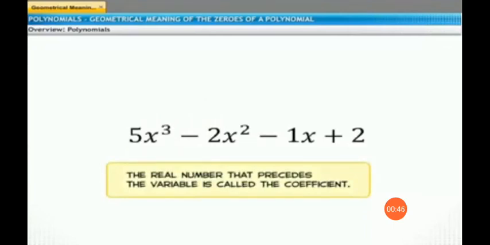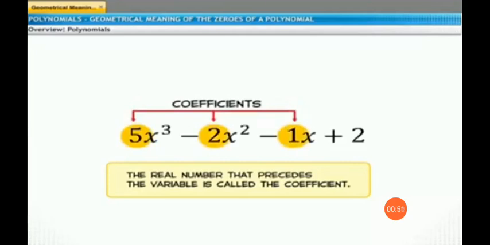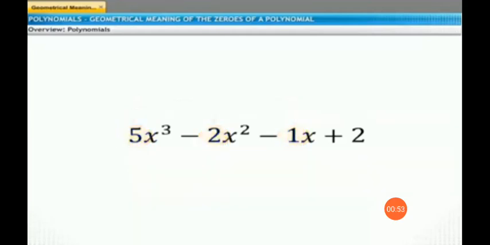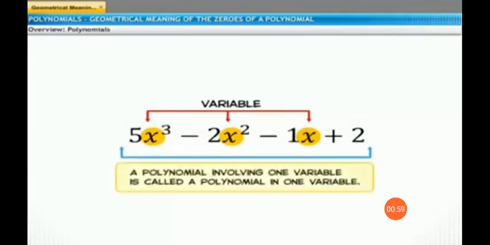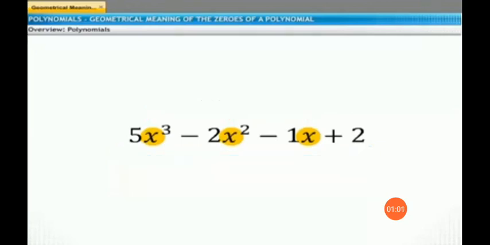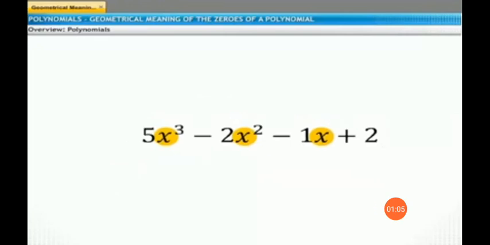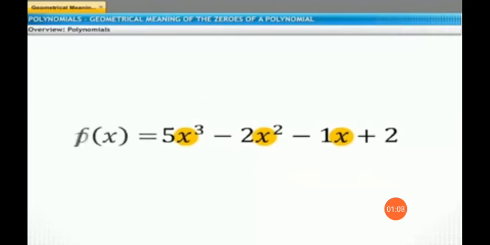Here 5, 2 and 1 are the coefficients of the terms of the polynomial. It consists of only one variable, so it is known as a polynomial of one variable. Such a polynomial is denoted by f(x), p(x), q(x), g(x), r(x) and so on.